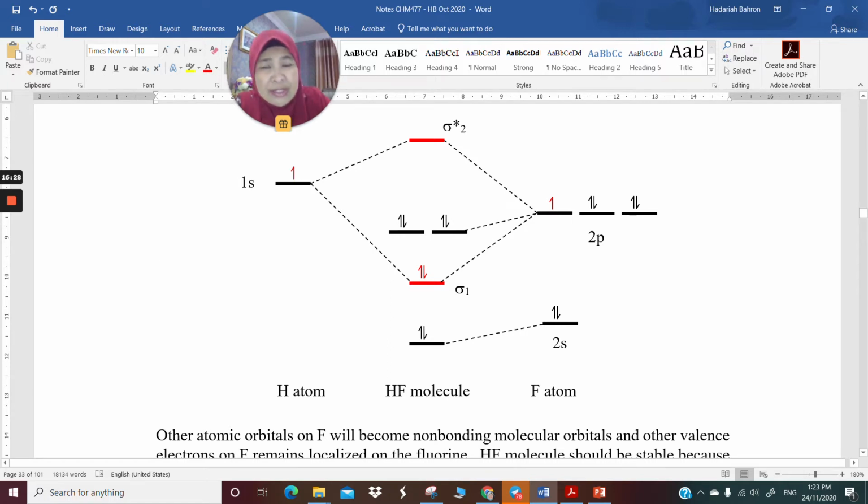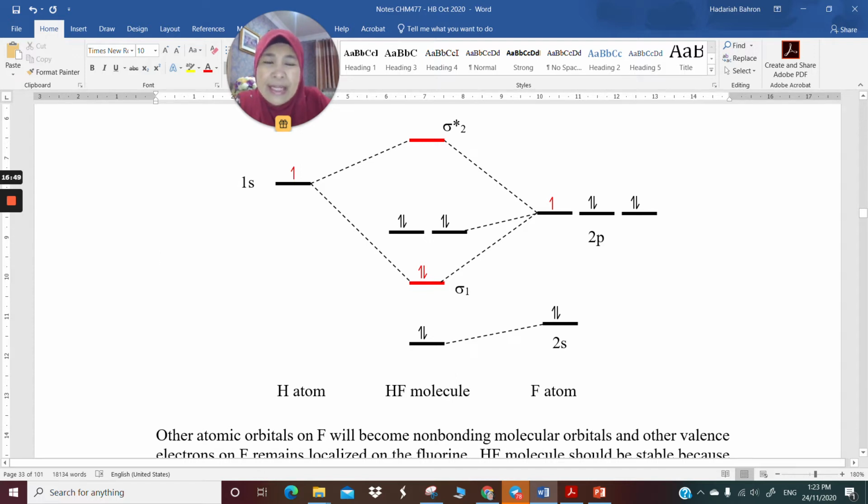The geometry is correct. The energy levels are not too different. So you have a good overlap between the 2px of fluorine and the 1s of hydrogen. So you get a sigma 1 and a sigma antibonding 2.